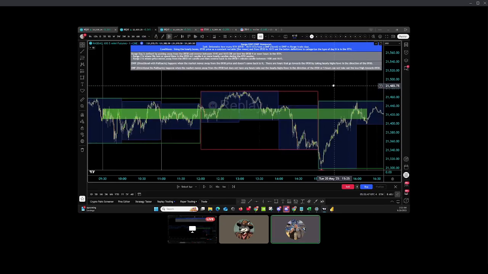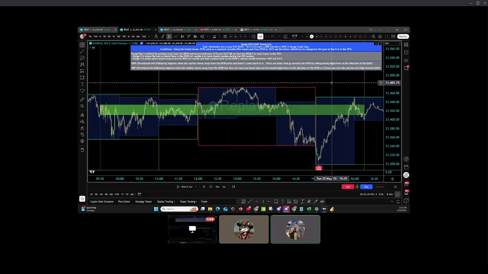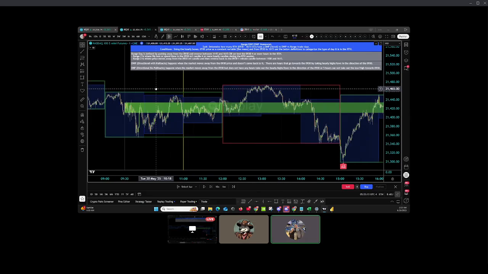Now let's get into what each of the 4 types of market environments and conditions are. A range 1 is defined by pushing away from the 9:30 and coming back to it. We swipe through it, we touch it, we make out with it, is something I always refer to, for 4 more hours of that RTH day.